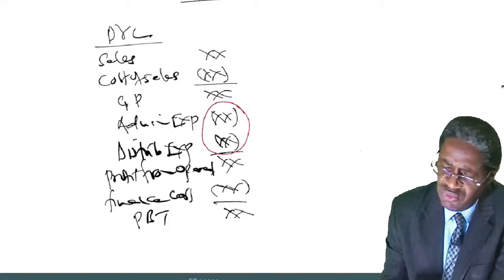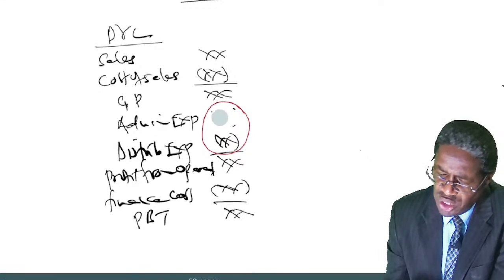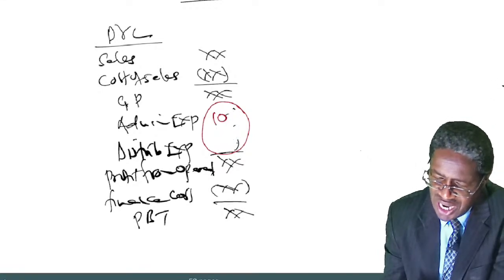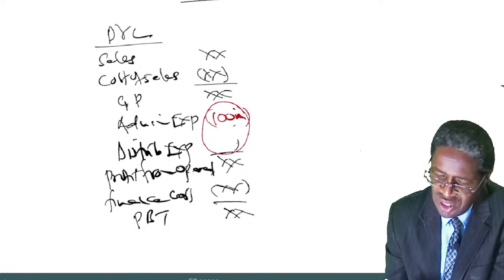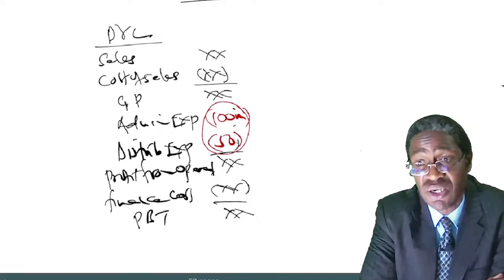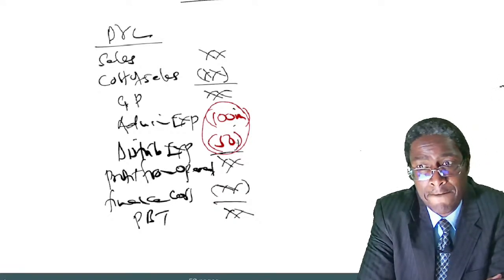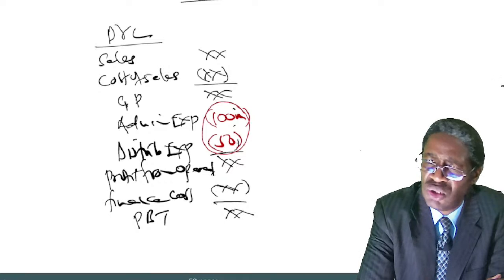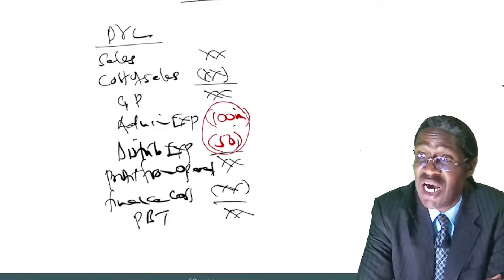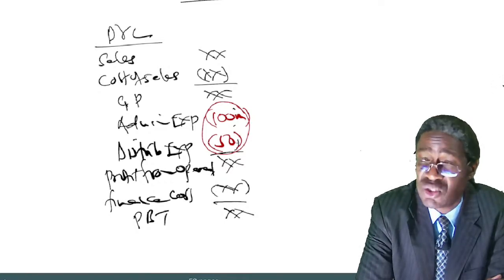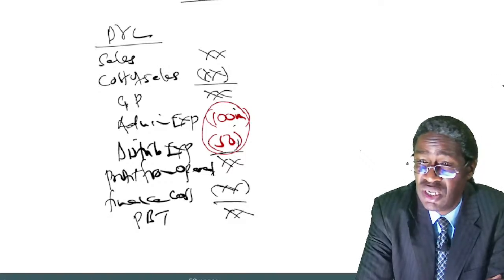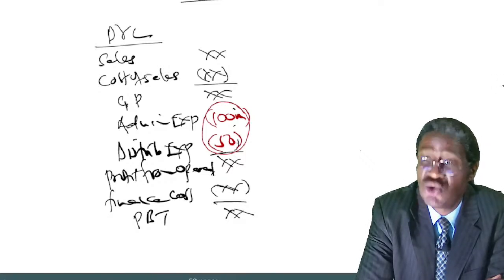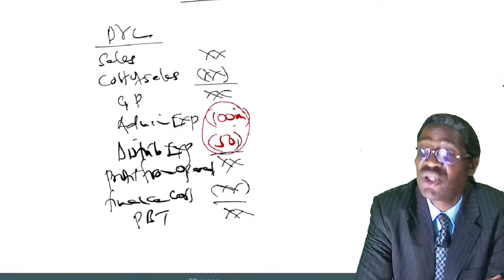Let me assume from the question that your admin expenses are 100 million, while your distribution expenses are 50 million. So in total, you charged your P&L account with total expenses amounting to 150 million.